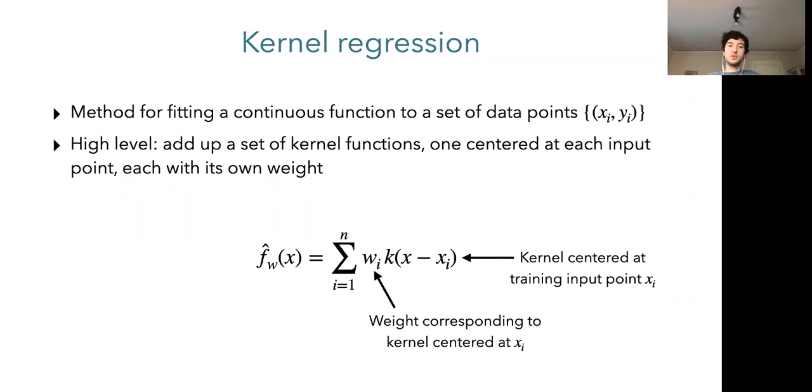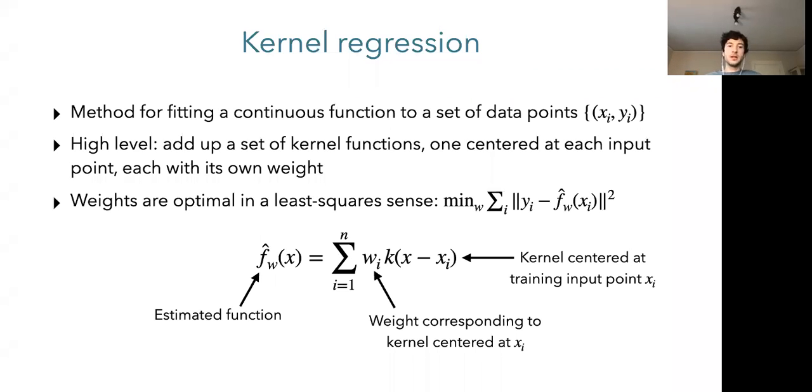And these typically resemble a Gaussian bell curve or some other blob-shaped curve. Adding them all up produces the continuous estimated function. Then these w values are set so that the function passes as closely as possible to all the input points in a least squares sense.